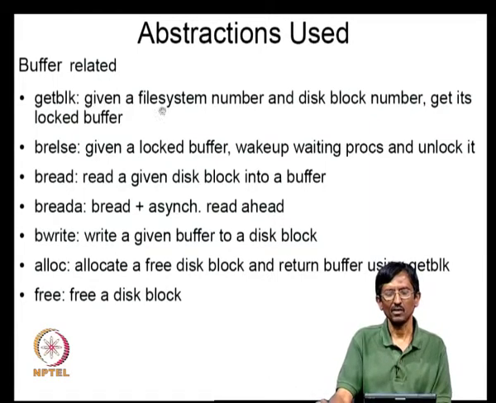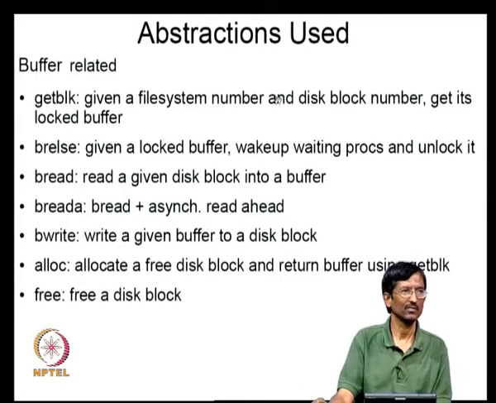For example, get block. Given a file system and a disk block, you want to get a unique buffer, but it is also locked. So, if anybody else asks for the same file system number and block number, it should still get what was given earlier.